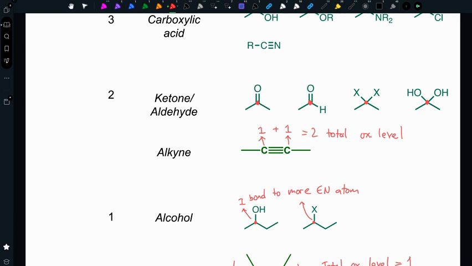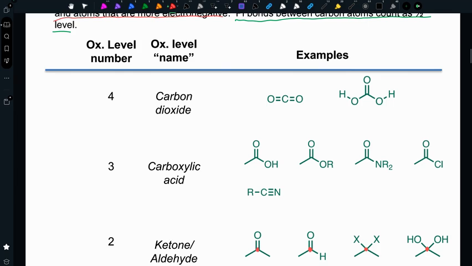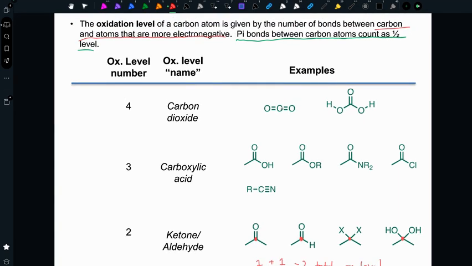Those are the most common oxidation level 2 functional groups. That's all that we mean when we list this oxidation level name. So our highest oxidation level possible would be when carbon has 4 bonds to more electronegative atoms. That would be things like carbon dioxide, or this compound over here. This is called carbonic acid.